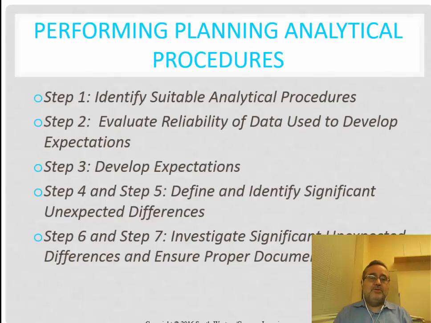So as an example, we talked about the days sales outstanding. Days sales outstanding, assuming we have a structured policy related to the credit approval, should be fairly structured, fairly standard from year to year. Exceptions would be if there's an economic downturn, but also the exception would be if they made a significant change in the policy.